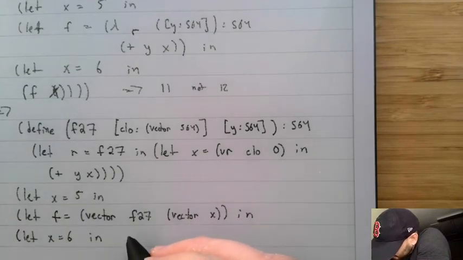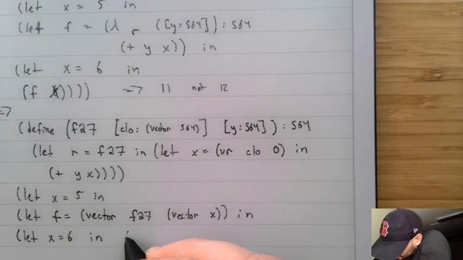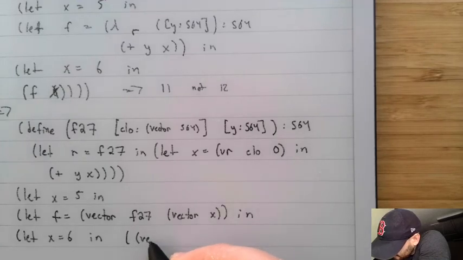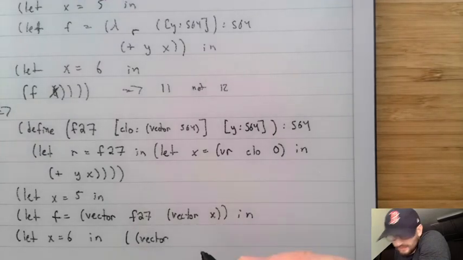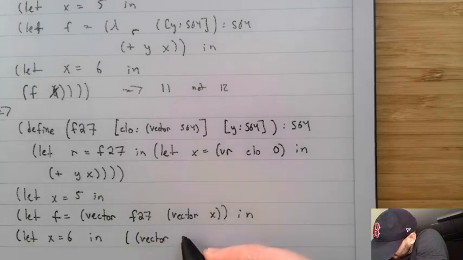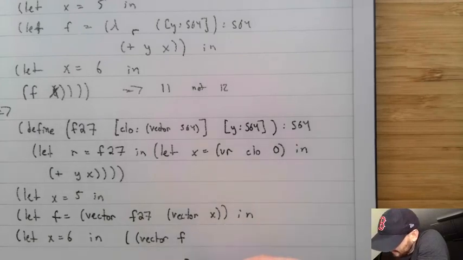Inside of that, what we're going to do is pull out from this vector f. Oh sorry, this is supposed to be a VR.